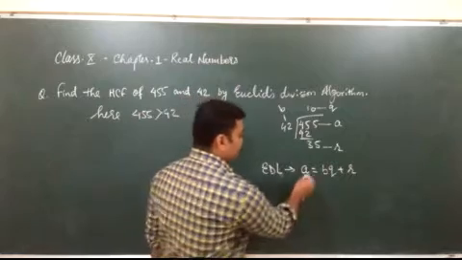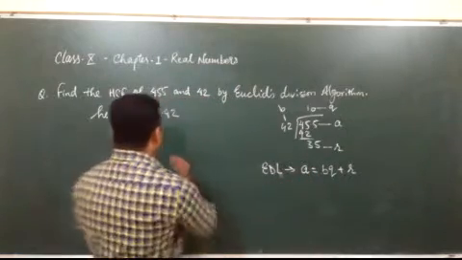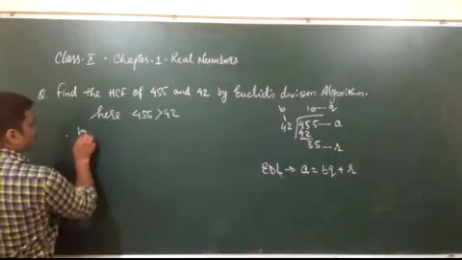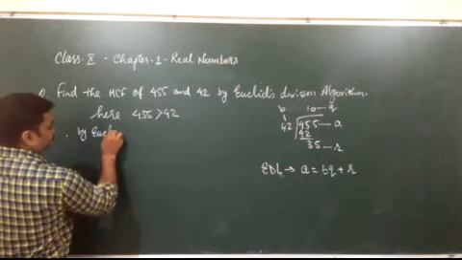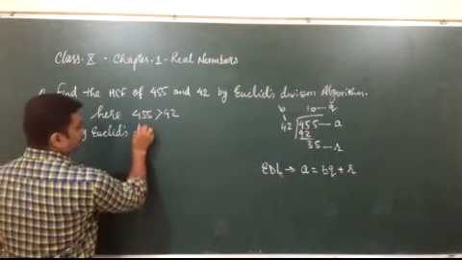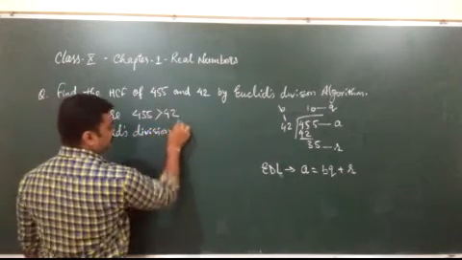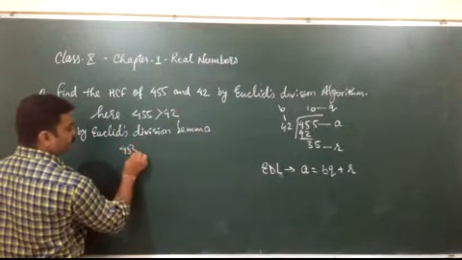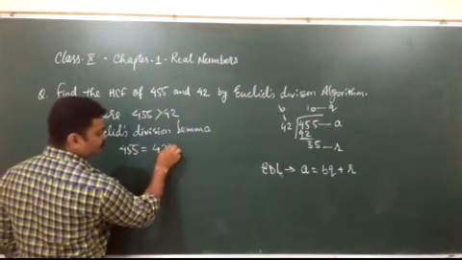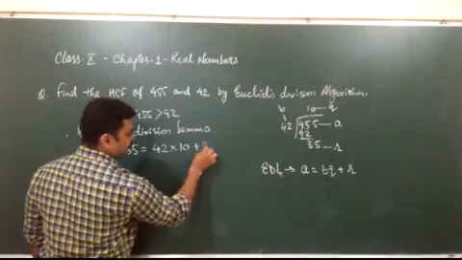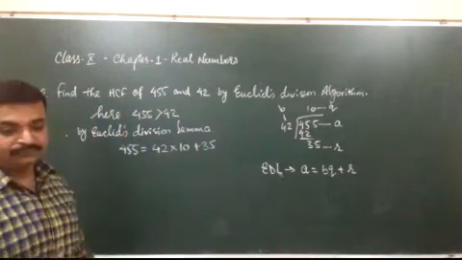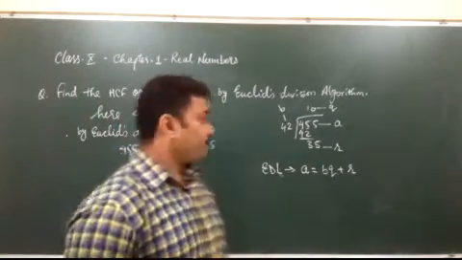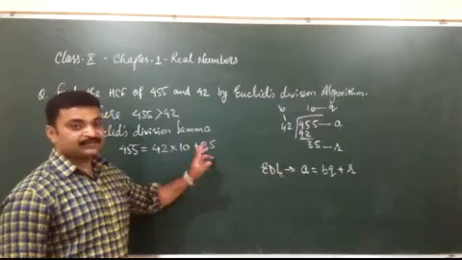So here at the place of A, what do we write? Therefore, by Euclid's division lemma, 455 is equal to 42 into 10 plus 35.